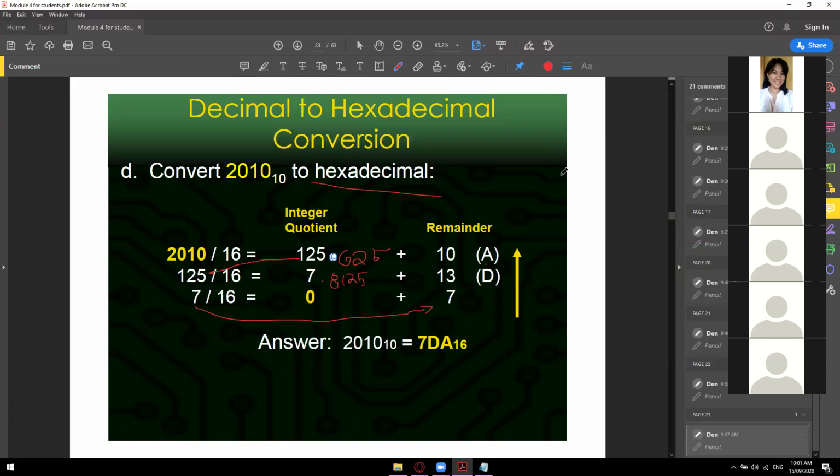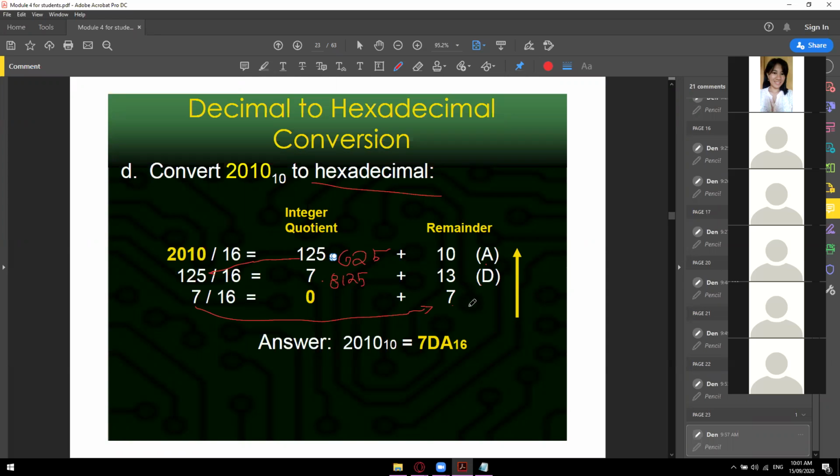Sir, paano po kapag 16 yung remainder? Pag 16 yung remainder, yun na yung magiging 10. Pero wala namang remainder na ganun, since kapag 16 ang remainder, under na siya ng 16 ng hexadecimal. Maliban na lang kapag yung end base natin is 18 or 17, baka meron chance na ganun.